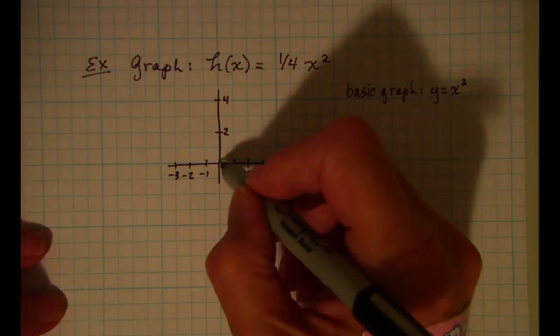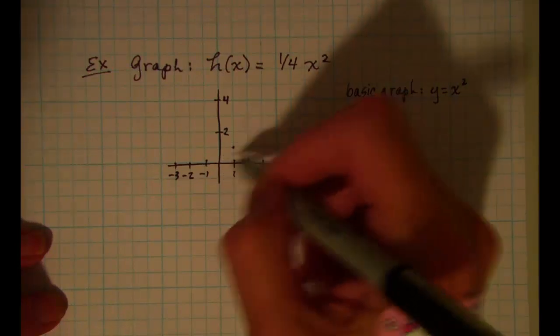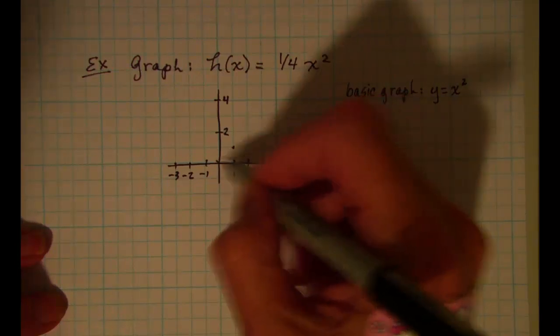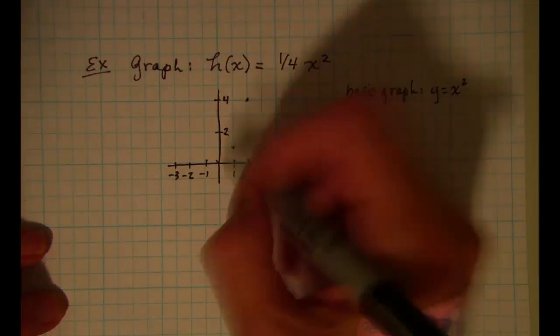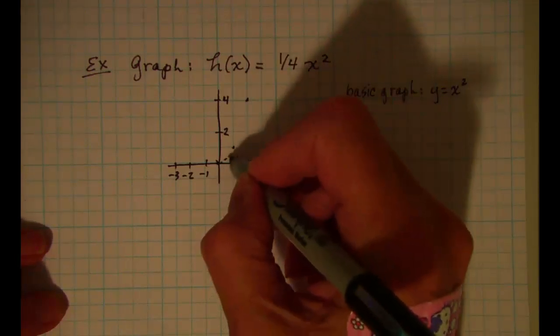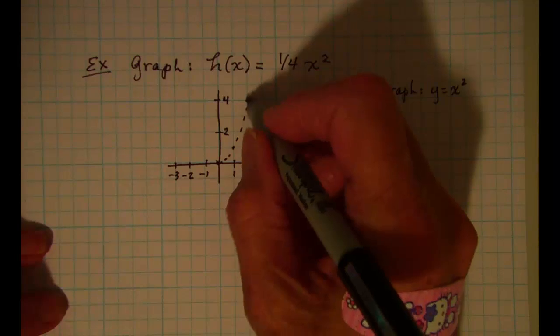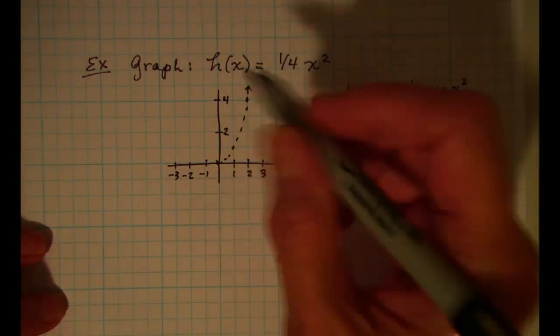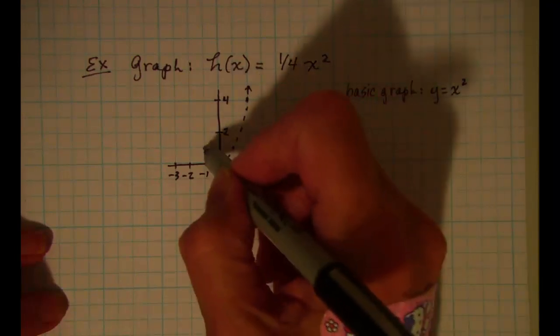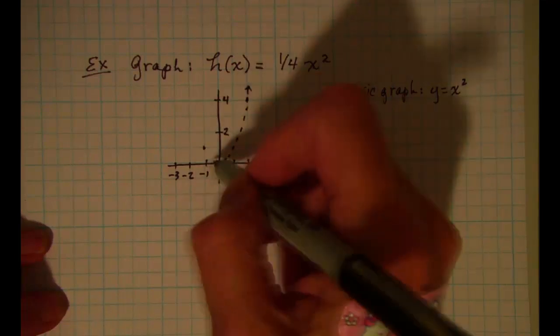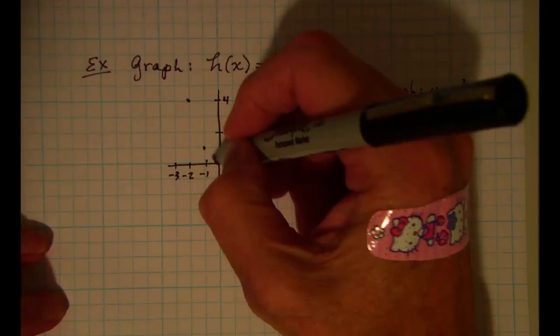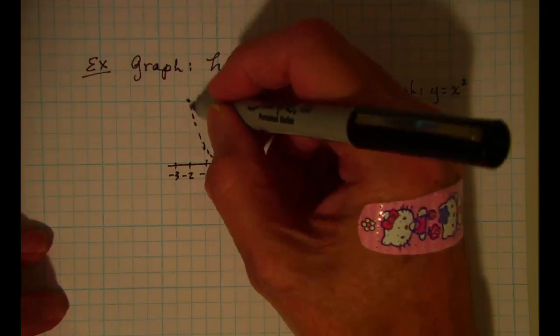Let me put that in as a dotted line. When I go right 1, I go up 1, right 2, up 4, and 0, 0. So this is my basic function on the right side, and then left 1 up 1, and left 2, up 4, basic function.